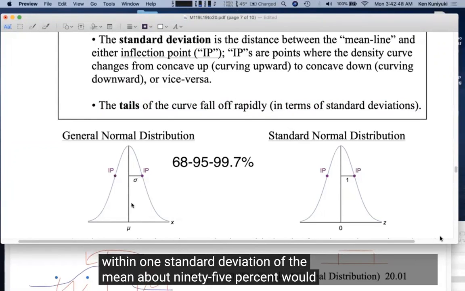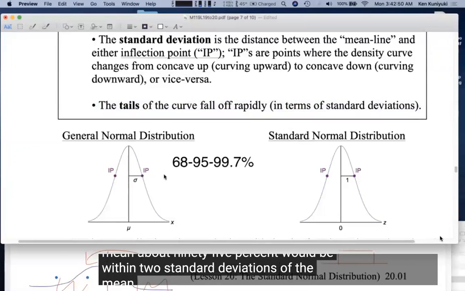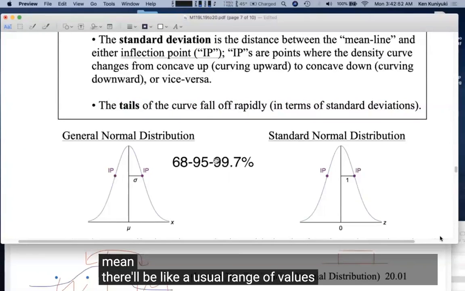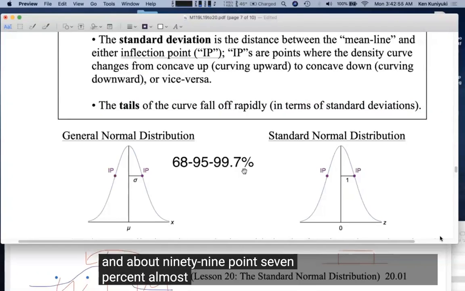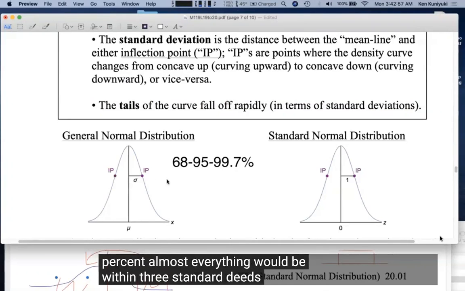About 95% would be within two standard deviations of the mean. That would be like a usual range of values. And about 99.7%, almost everything, would be within three standard deviations.